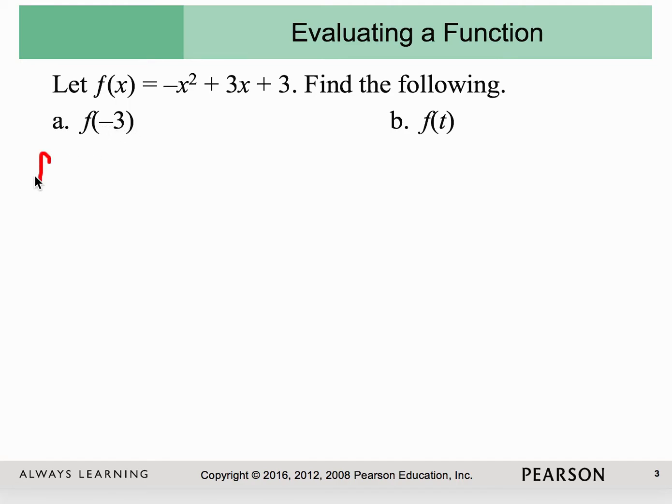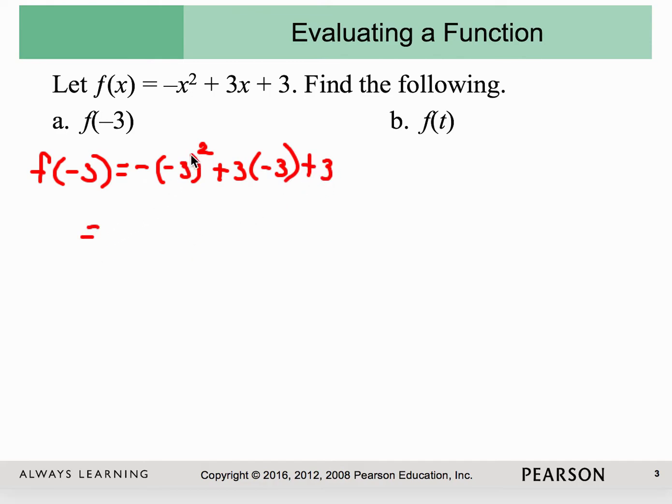So we're just going to find f of negative 3. Everywhere there's an x, let's replace it with a negative 3. Be careful of your signs. That negative has nothing to do with this x squared. Remember our exponent rules. So if I want x to be negative 3, that would look like that, plus 3 times negative 3 plus 3.